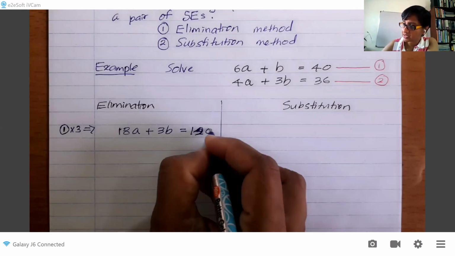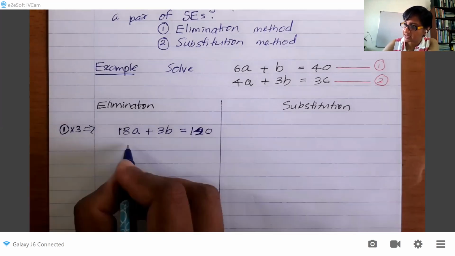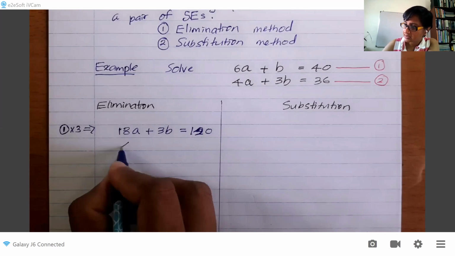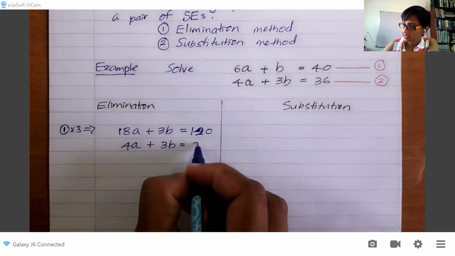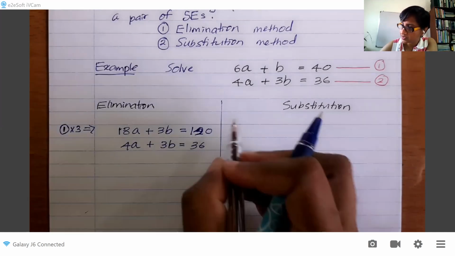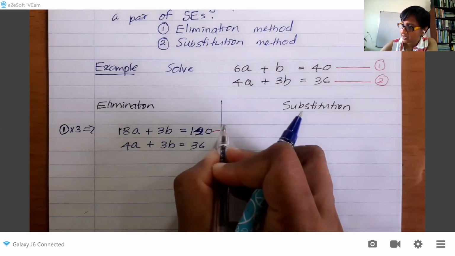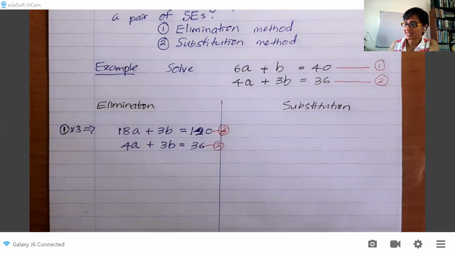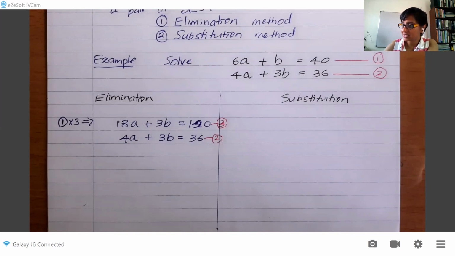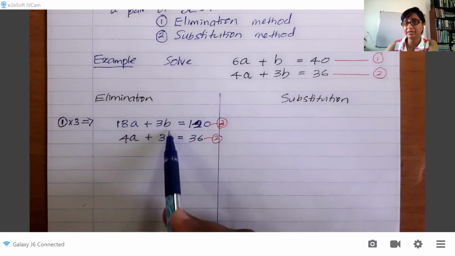Now let me write the second equation underneath this. This is just the same second equation. Let me call this 3, and this is still my 2. Now what can I do? These are the same term now. I have the same term in both equations.